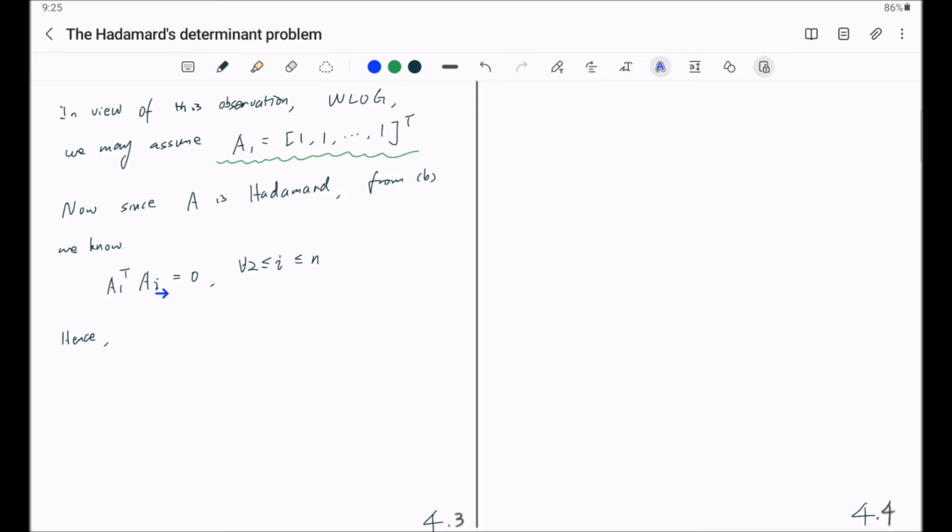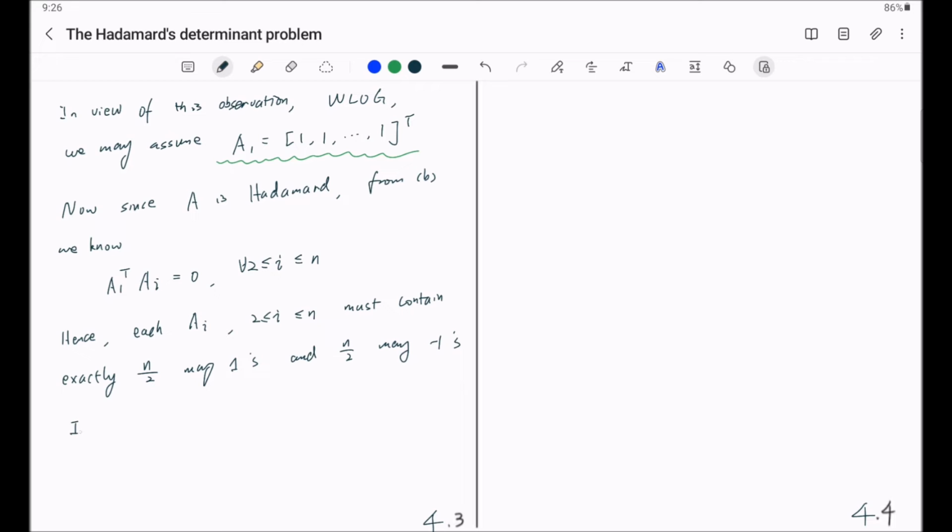What does this tell us about A_i? We know from this and this that each A_i, where i is from 2 to n, must contain exactly half of n many ones and half of n many negative ones.